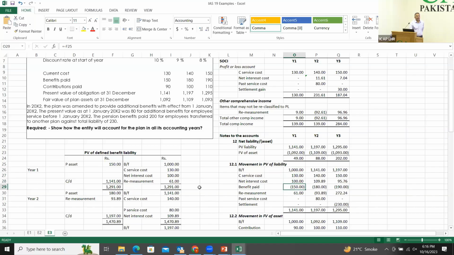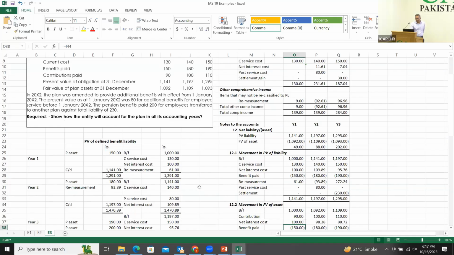Then you pay the benefit, means there is a reduction in the liability, defined benefit liability debit, plan asset credit, and then there is a closing balance of the liability given 1141, but this balance is not equal to 1141. The difference is because of certain experience adjustments or certain adjustments because of change in actuarial estimates. So this will be your remeasurement gain or loss. It's a loss in this case.